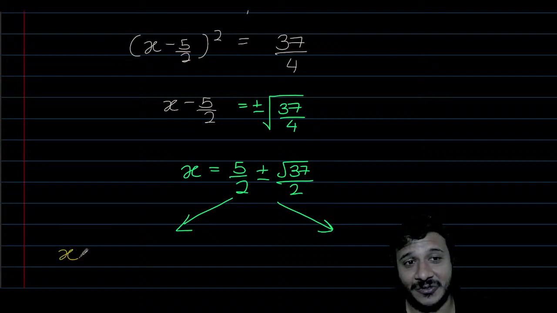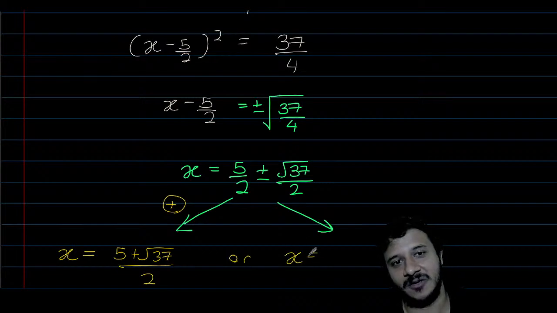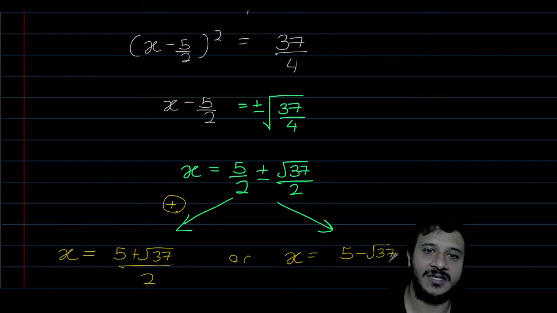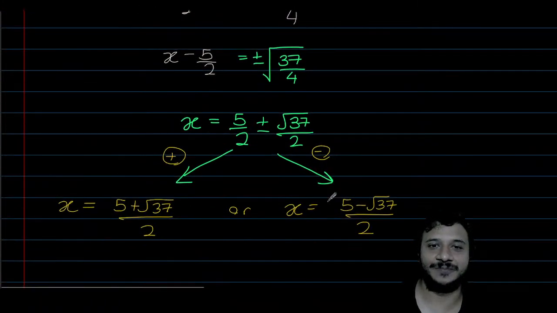So the answers of x, when it is positive, it will be 5 plus square root of 37 over 2, or x is equal to 5 minus square root of 37 over 2. That's how we do a question like this.